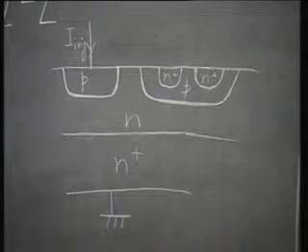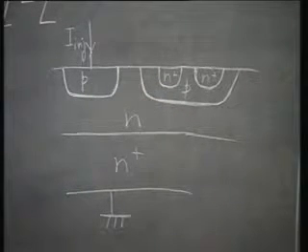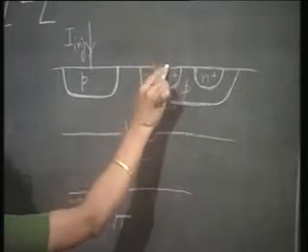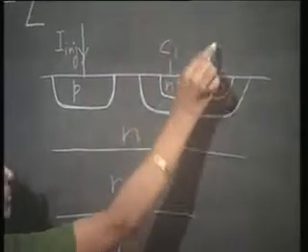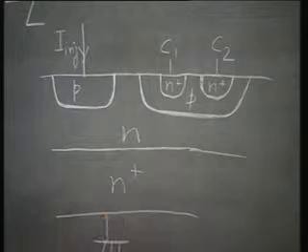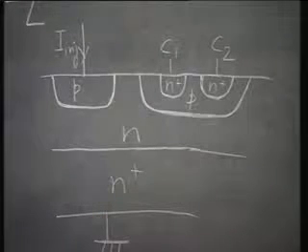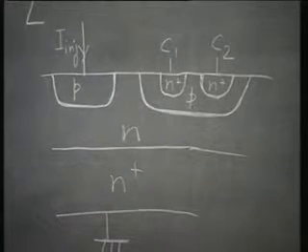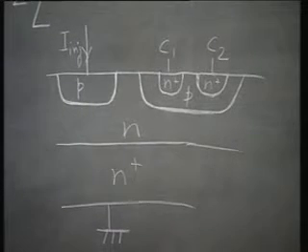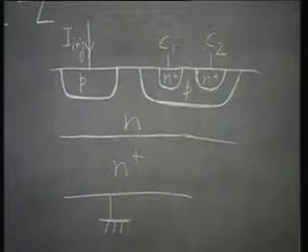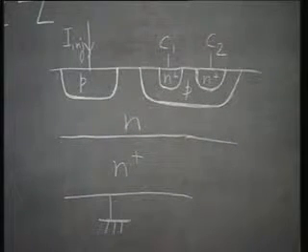The interesting point here is that you find that these are the collectors of the NPN transistor and this is the emitter of the NPN transistor, which is actually the inverse of the NPN transistor designs we have done so far.